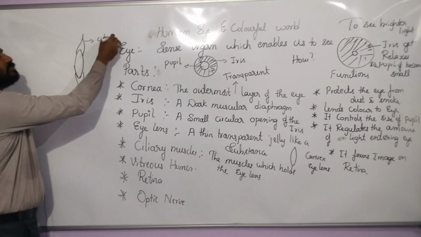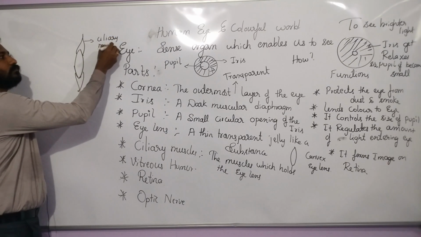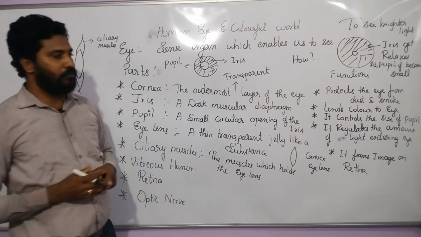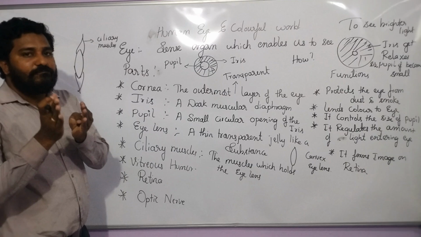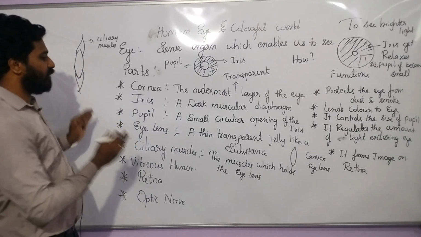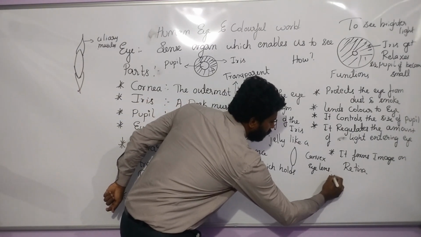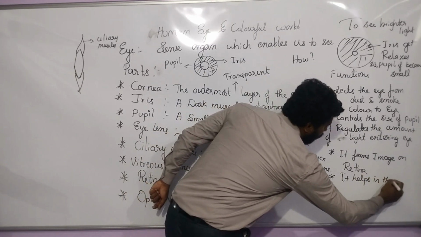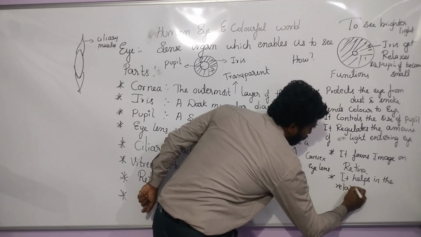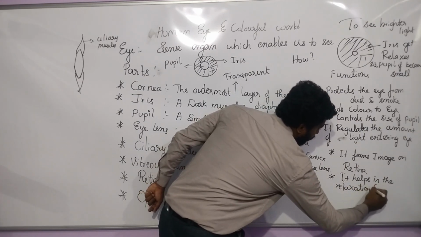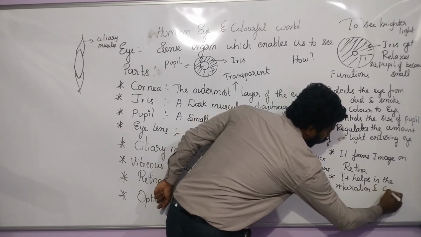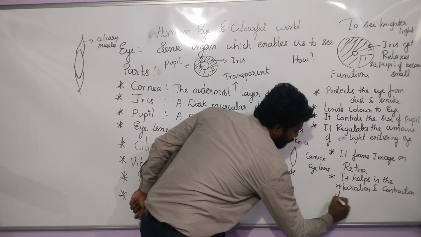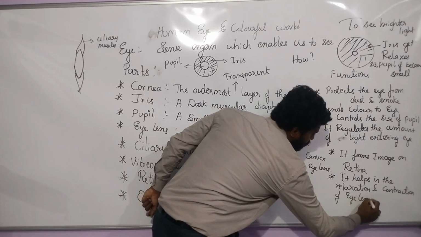We call them ciliary muscles. And what is the function of the ciliary muscles? It helps in the relaxation and contraction of the eye lens.